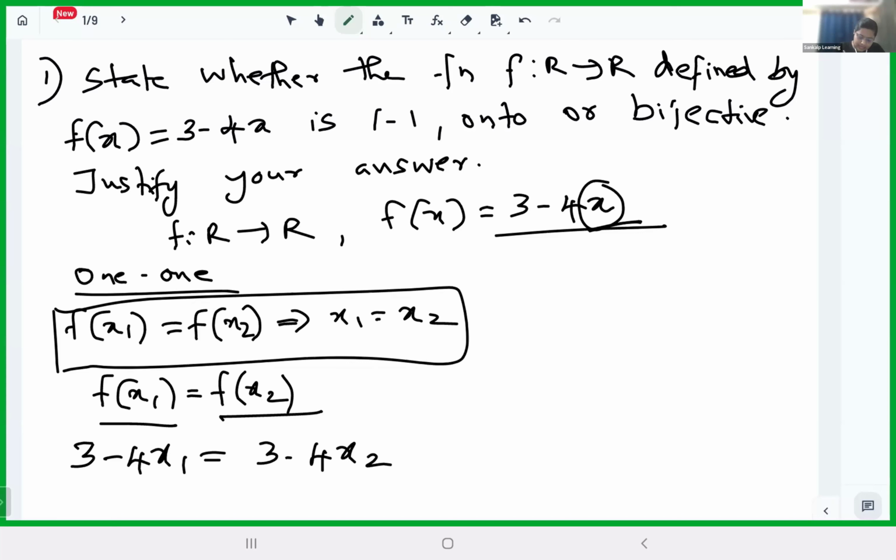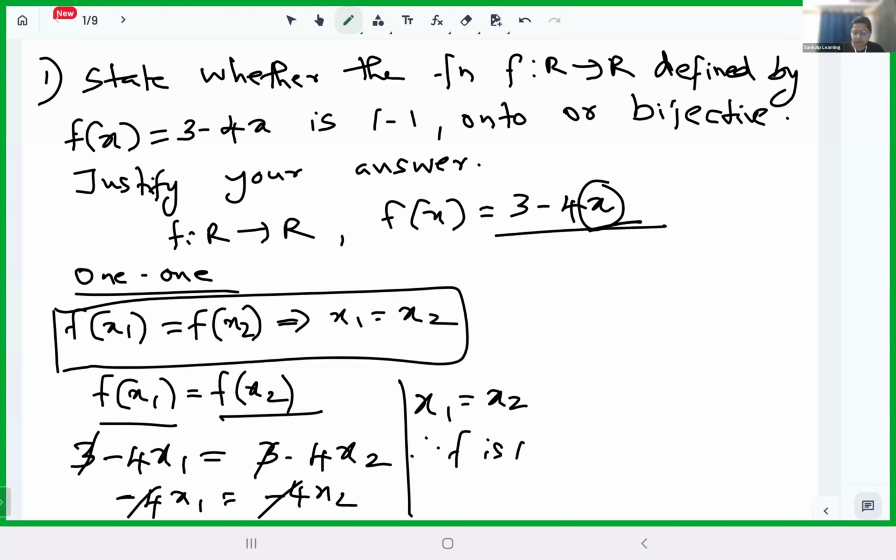The 3 and 3 can be cancelled, so minus 4x1 equal to minus 4x2. Here minus 4 is common, so that can be cancelled. So we get x1 equal to x2. Therefore, f is 1-1. So we have got that f is a 1-1 function.